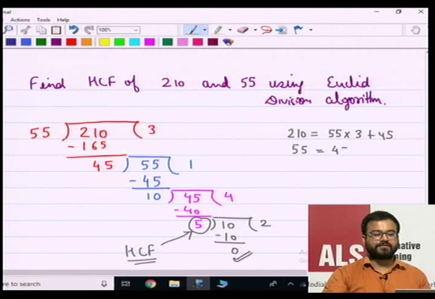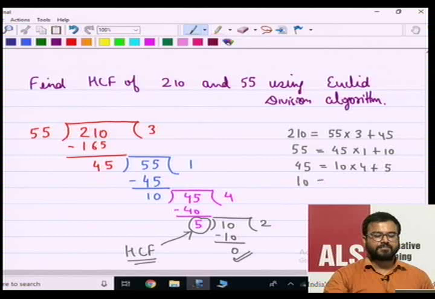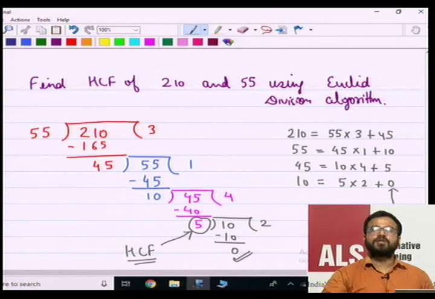So it will be 45 times 1 plus 10. Then 45 becomes the dividend and 10 the divisor: 10 into 4 plus 5. Then 10 becomes the dividend and 5 the divisor: 5 into 2 plus 0. Here we are getting 0, so in this step, the divisor, which is 5, is known as the HCF of the two numbers.